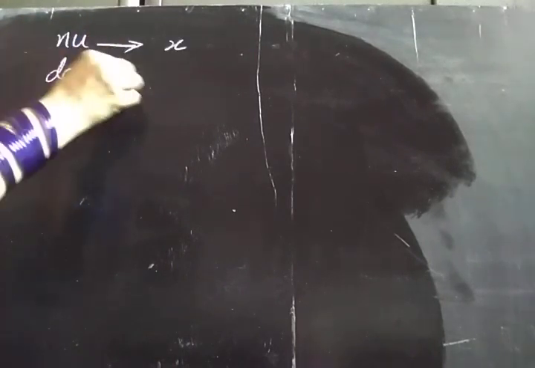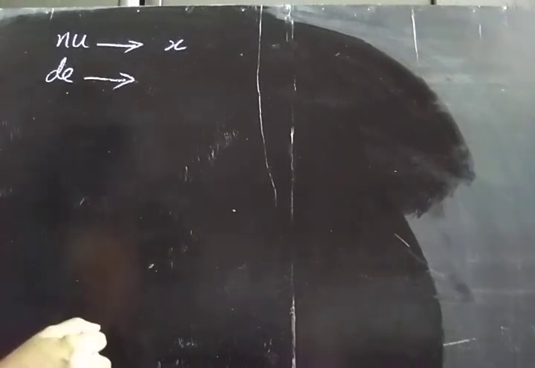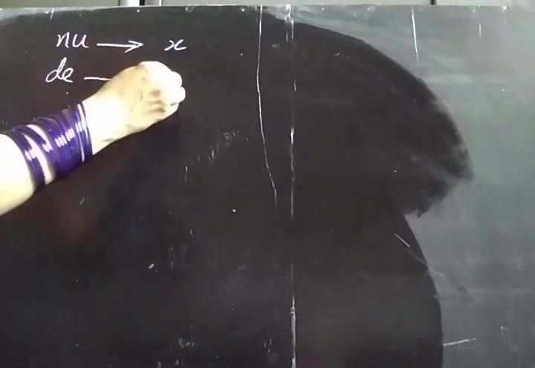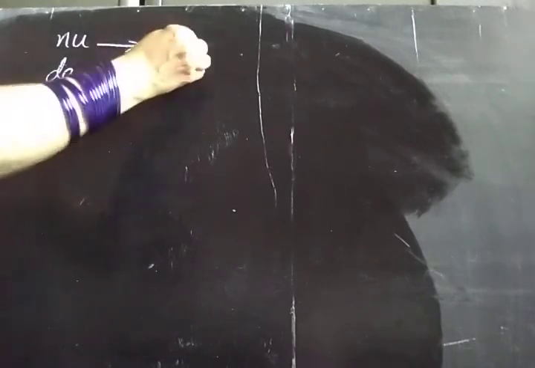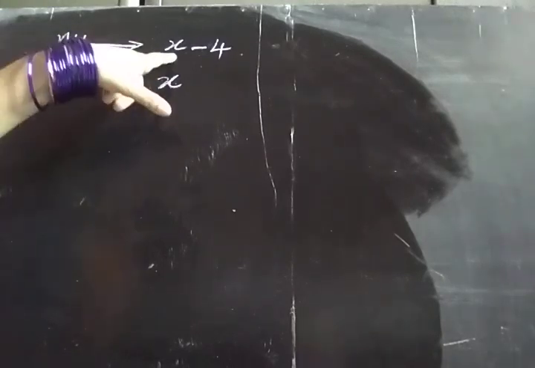Then the denominator, 4 less than the numerator... The numerator of a fraction is 4 less than the denominator. Denominator let it be x. Numerator is 4 less than the denominator. So let the denominator be x. Then the numerator becomes x minus 4.